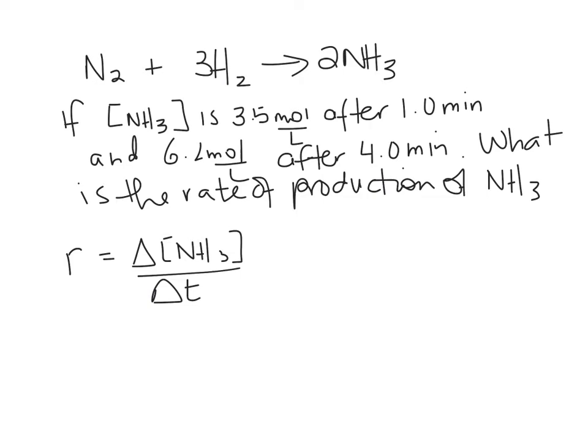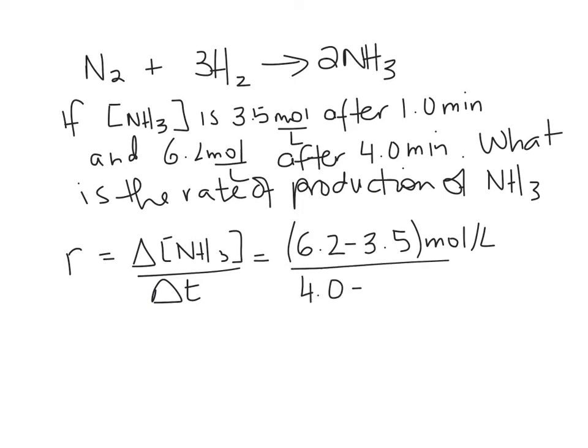It's always final minus initial. So we have 6.2 minus 3.5 over 4 minus 1. That's what, 2.7 mole per liter over 3 minutes.